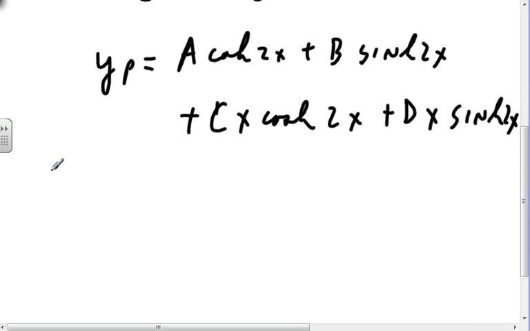Okay, well, that's a horse of a different color. Y prime p.